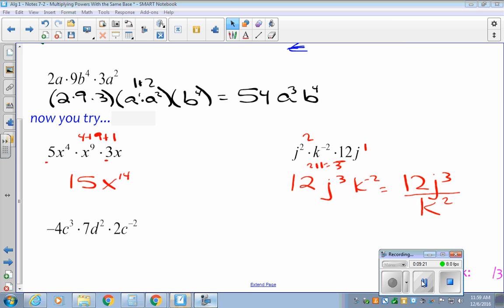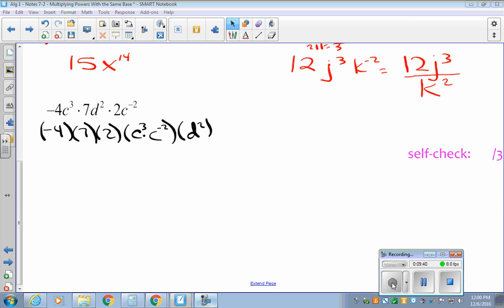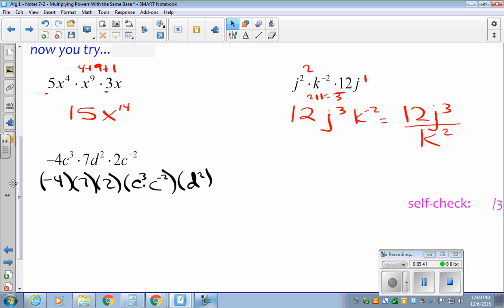Okay. So for the next one, I'm going to multiply the 3 numbers together. My c's are going to get multiplied together. And then poor d squared, he's got no buddies to hang with. Poor little guy. So we do negative 4 times 7 is negative 28.